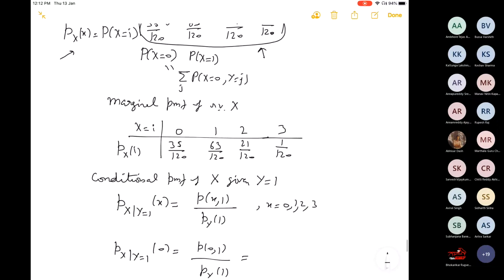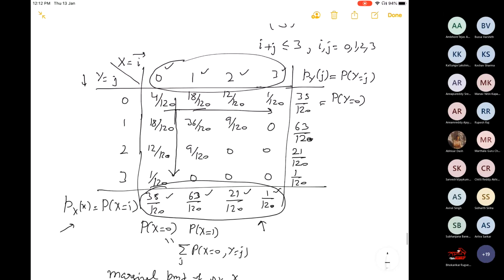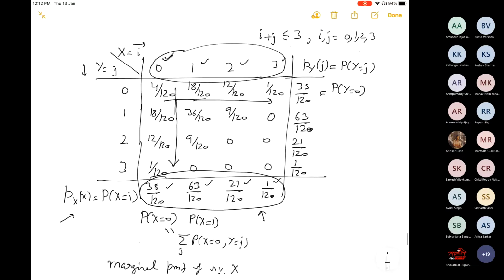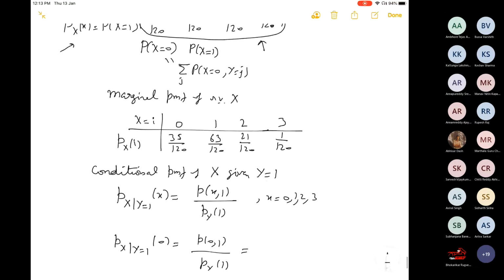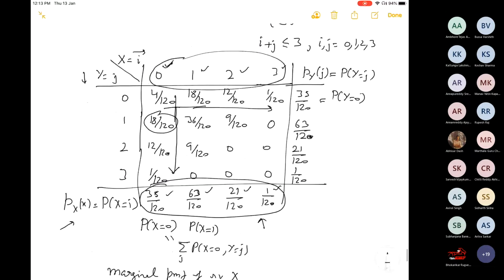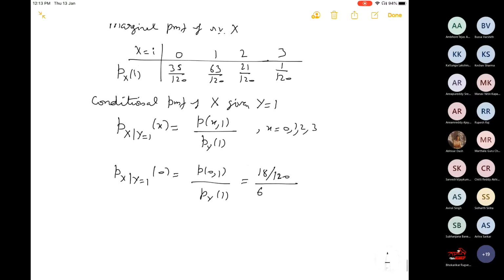So p(0, 1), where x is 0 and y is 1, is 18 by 120. So 18 by 120 upon p_Y(1), that means the marginal corresponding to y at point 1, which is 63 by 120. Therefore this is 18 by 63.